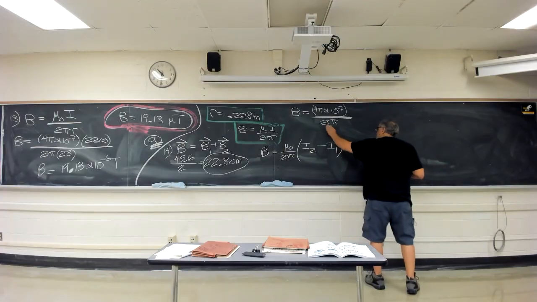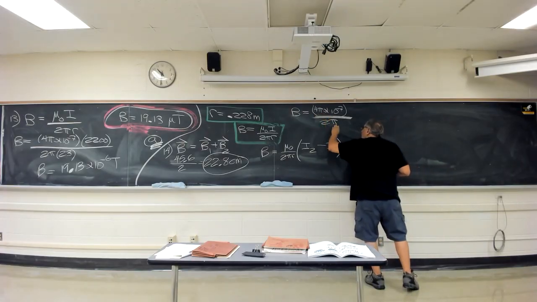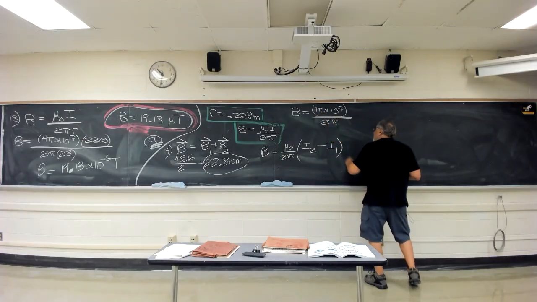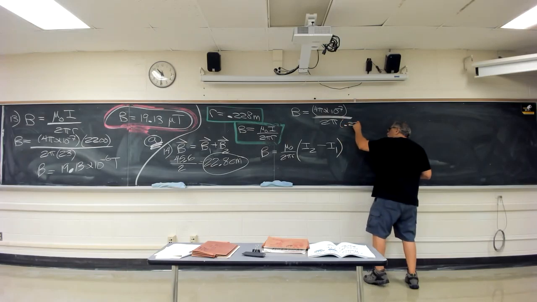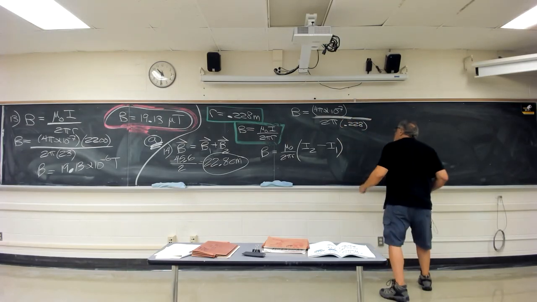They're straight out constant numbers. Here's 2 pi, and here's 4 pi. 4 pi divided by 2 pi is 2. Kind of neat. Constant numbers all over the place, guys. This is 0.228. We talked about that in terms of the radius.